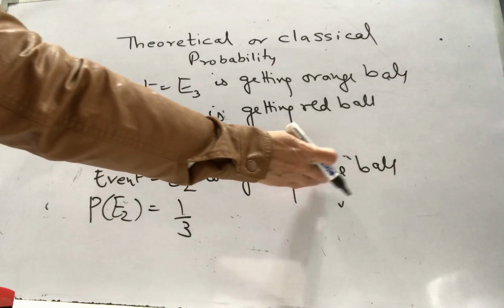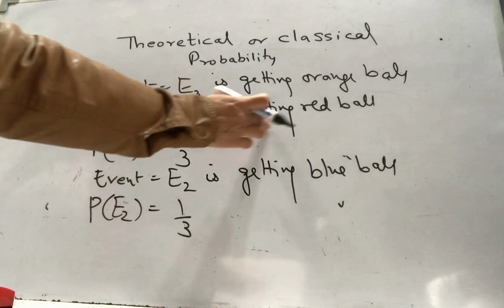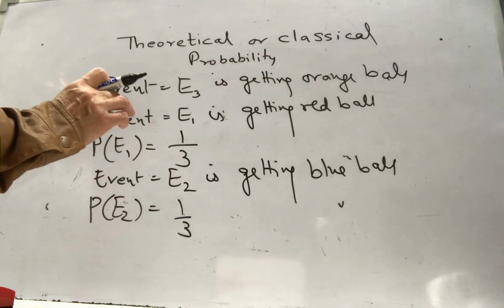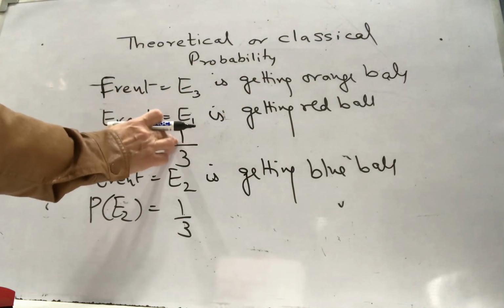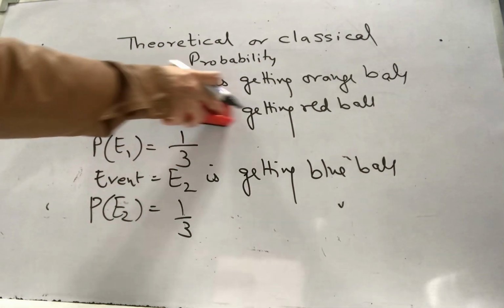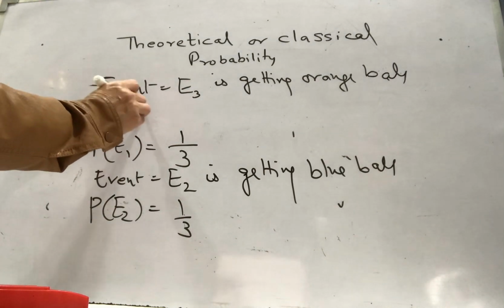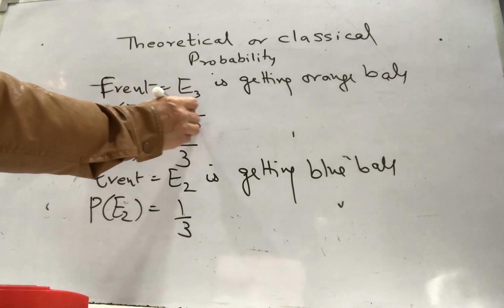Getting a blue ball is success here, so that is only one option out of 3. Getting a red ball is my favorable outcome, so that is my 1 out of 3. So the probability of E3 is 1 out of 3.